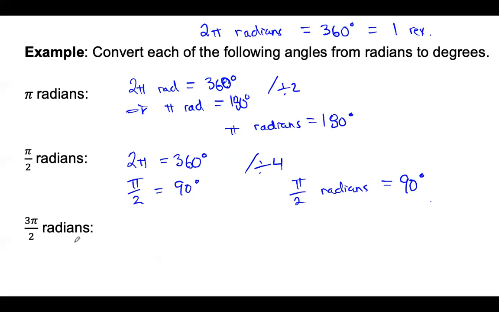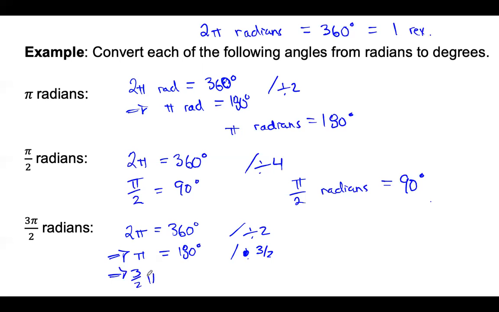What about 3 pi over 2? Well, we know 2 pi is equal to 360 degrees. Could divide by 2. This means pi equals 180 degrees. Then we can multiply by 3 over 2. So then this gives us 3 over 2 pi is equal to 3 over 2 times 180 degrees, which is 270 degrees.